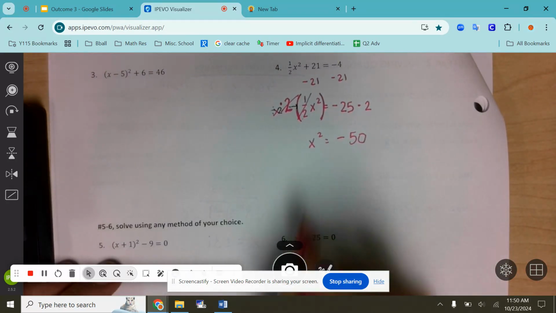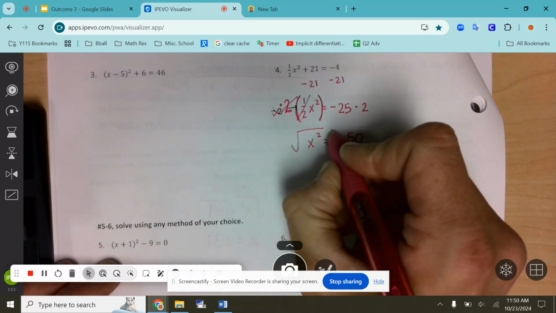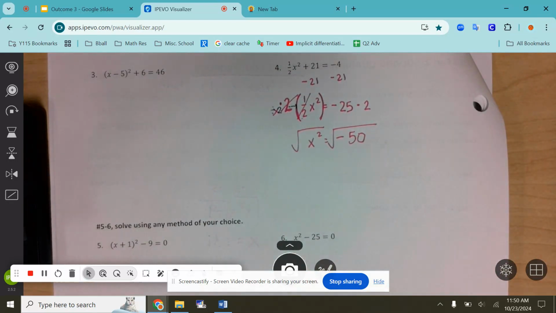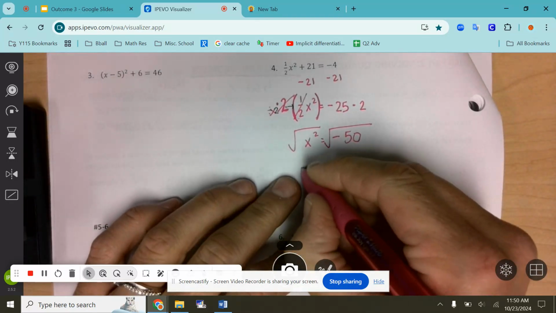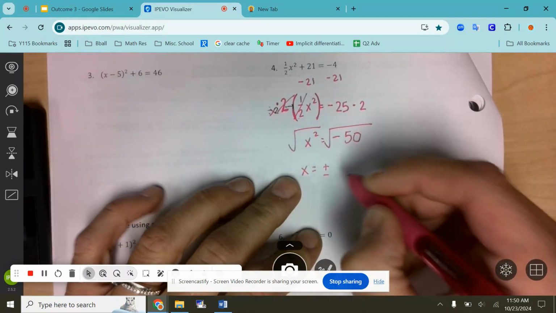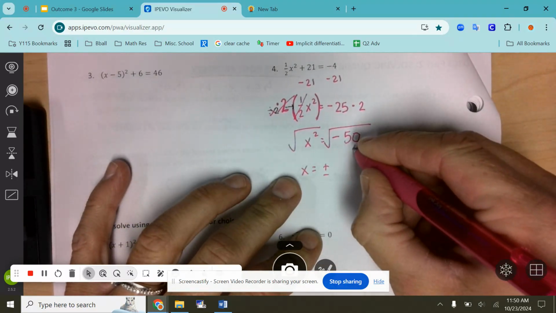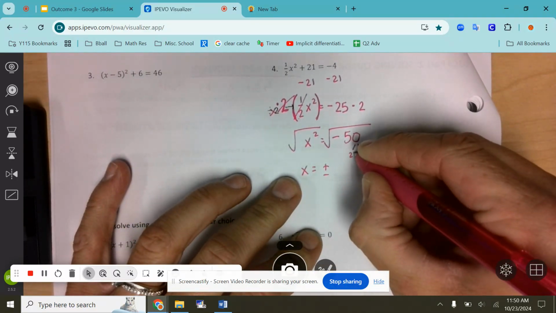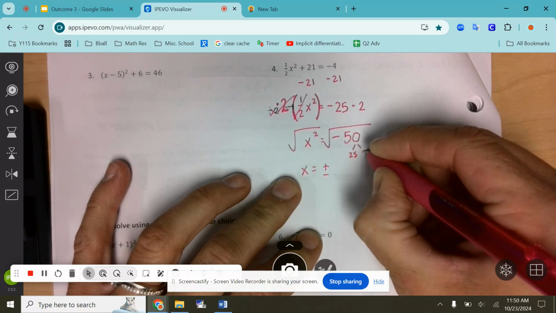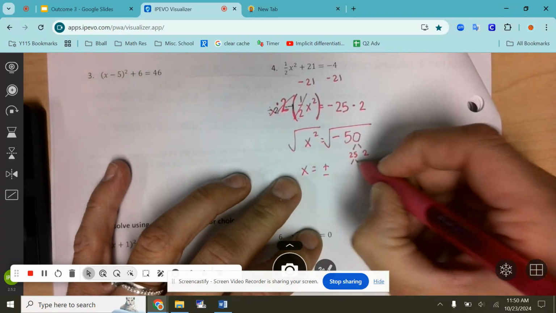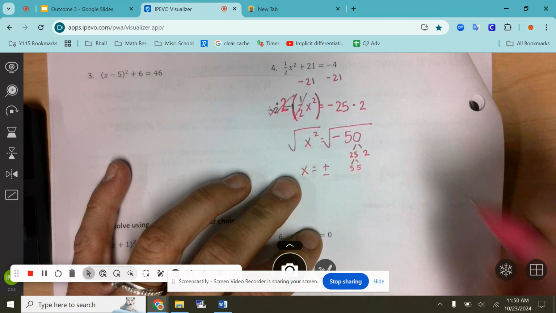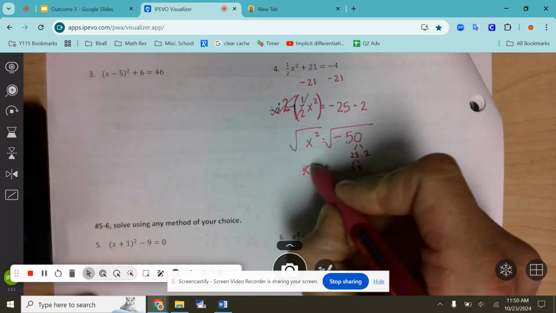Okay. To get rid of my squared, I just have to square root. Now 50 is not a perfect square, so that means I'm going to have to do a factor tree, which I probably should have left myself more room. 50 is 25 and 2, and then 25 is 5 and 5. Yeah, I had bad spacing.